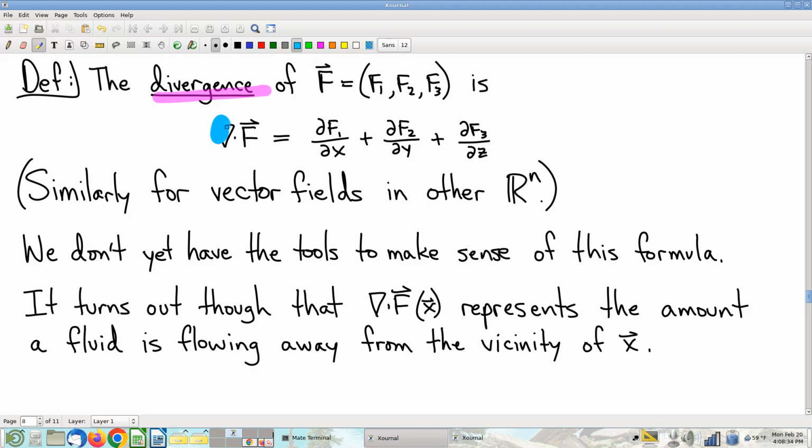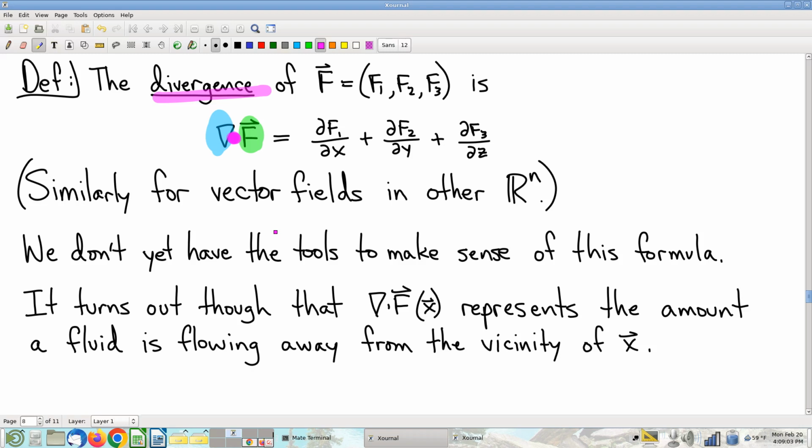If you take the del operator and a vector field F, and you do a dot product, it's very important that this is a dot, del dot vector field. And again, interpreting it the usual way, what do we do with a dot product? Well, the first coordinate with the first coordinate, then the second coordinate with the second coordinate, third coordinate with the third coordinate, right?